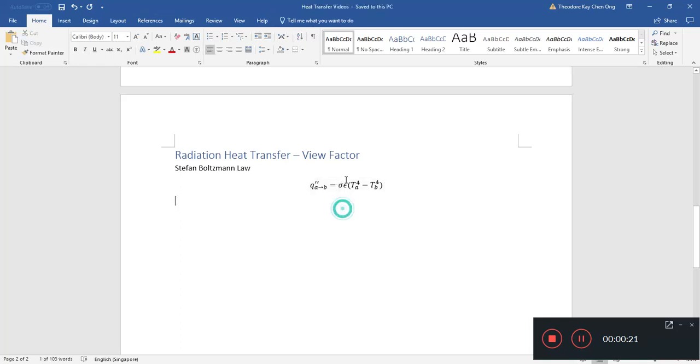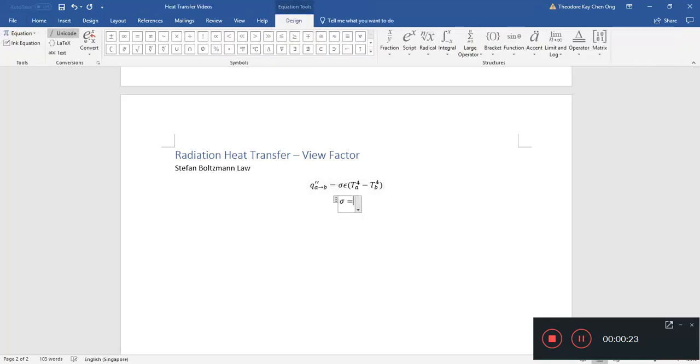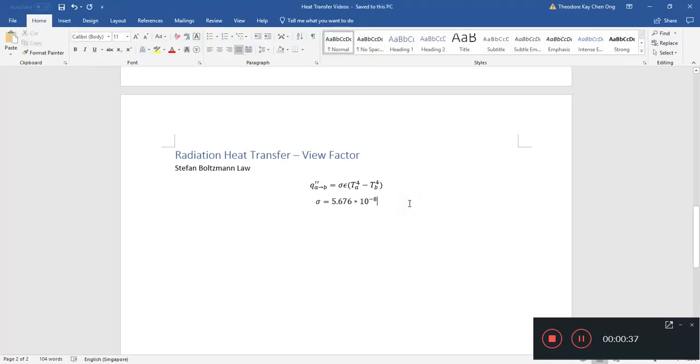of proportionality. This sigma is 5.676 times 10 to the minus 8, and that will be in SI units. Just remember this value and use it with kelvins. Your temperature must be in Kelvin.